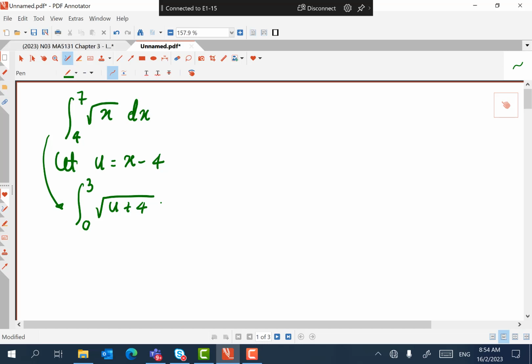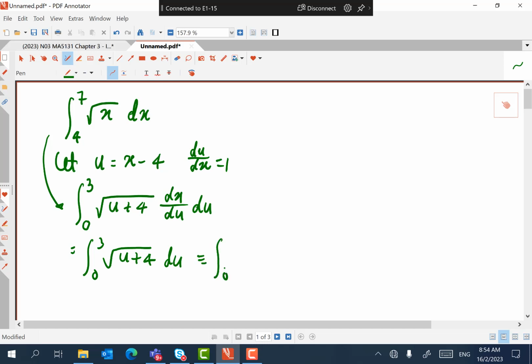And then dx, in this case, you do a calculation, du/dx is actually 1, so du will be dx. And then by this substitution, Yu Tong says we get this expression, which is just the same as this one, they're equivalent.